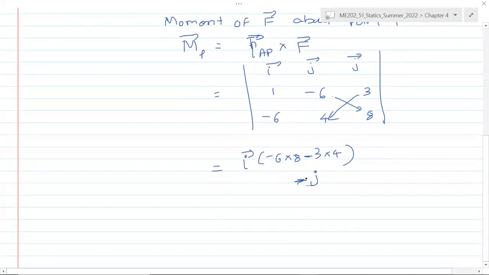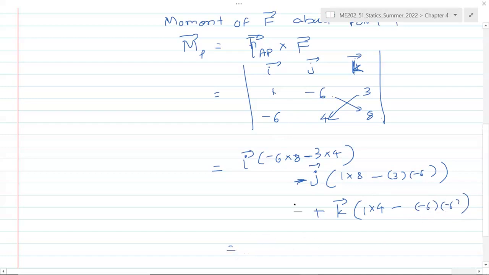Now this negative sign is part of the equation, and then it's 1 multiplied by 8 minus 3 multiplied by -6. Plus the third part is k, ijk, and then it's 1 multiplied by 4 minus -6 multiplied by -6.